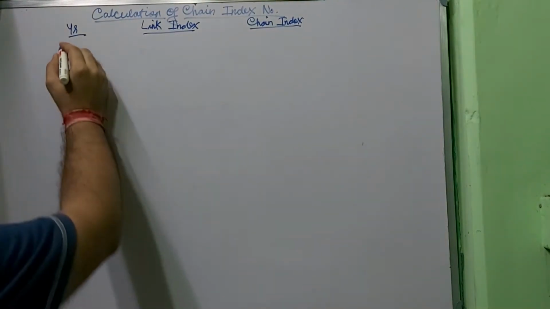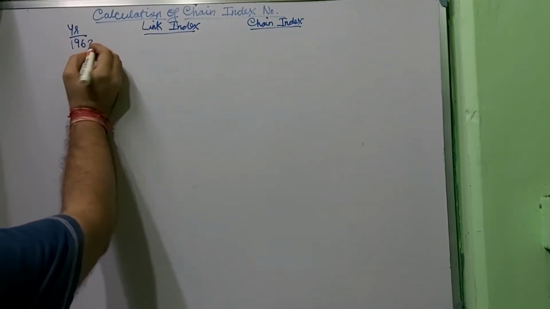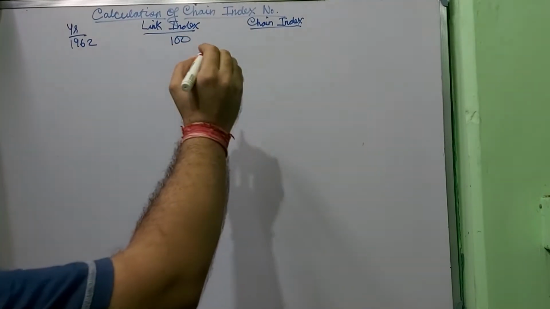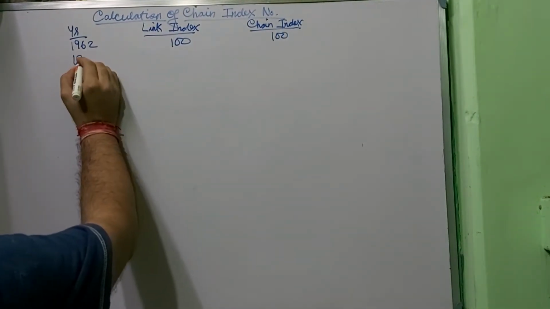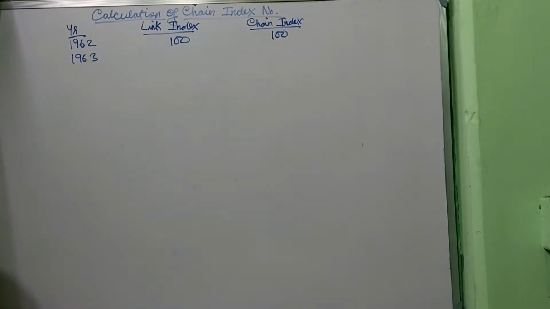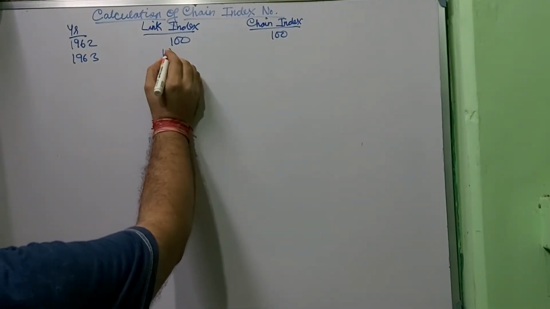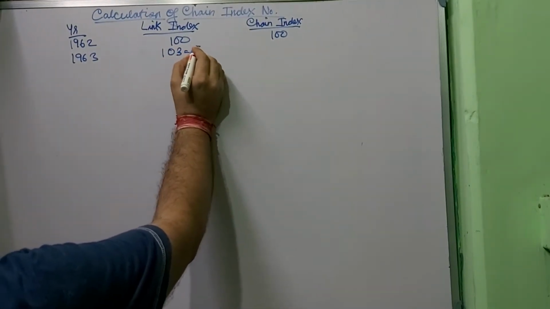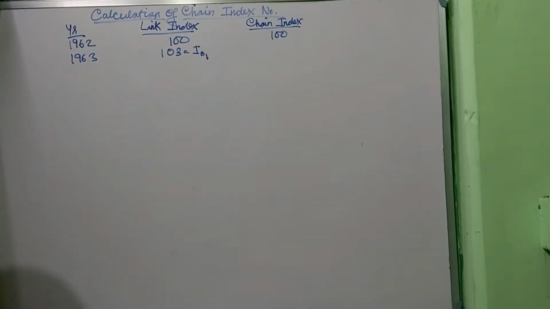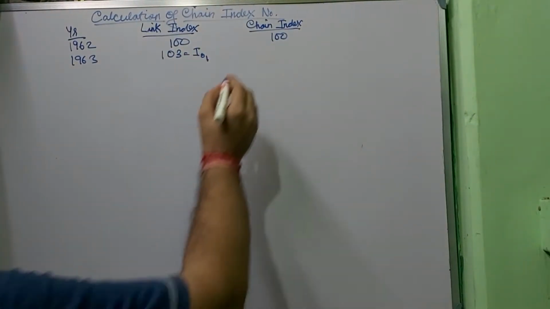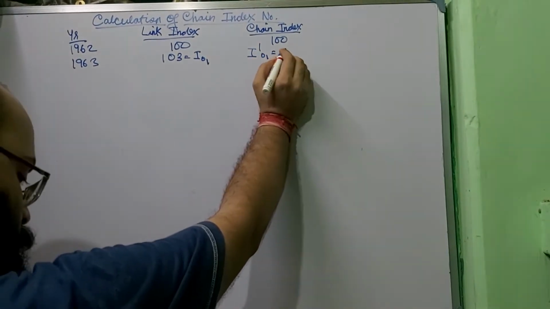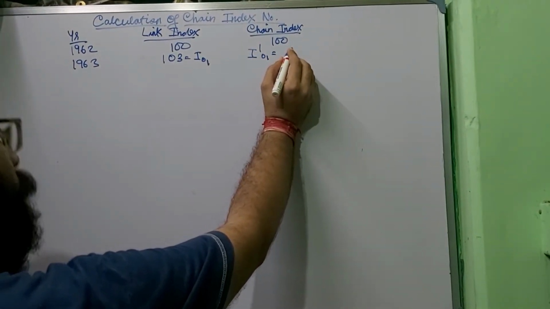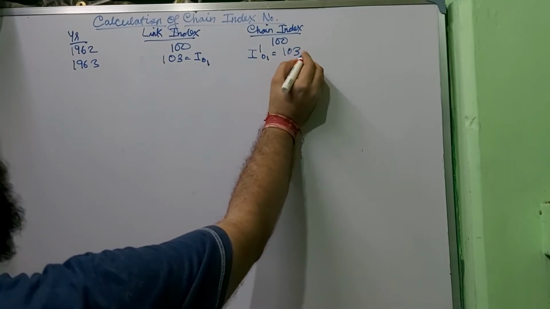So 1962 is 100, it has been mentioned, so chain will always be 100. Now 1963, link index is given 103, which is I01. So chain index will be I-01 is equal to 103.